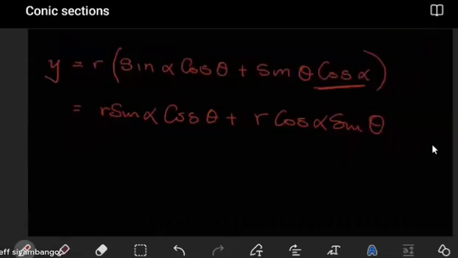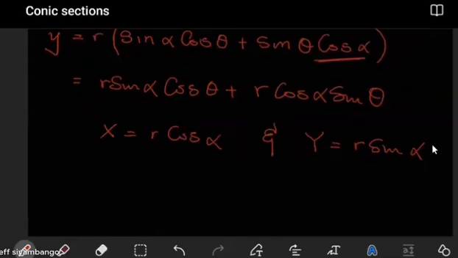Just like before, we have to remember that x is equal to r cos alpha, not theta, alpha, and y is equal to r sine alpha.